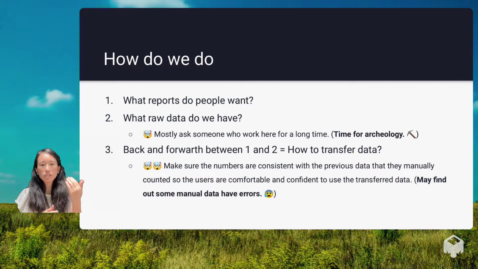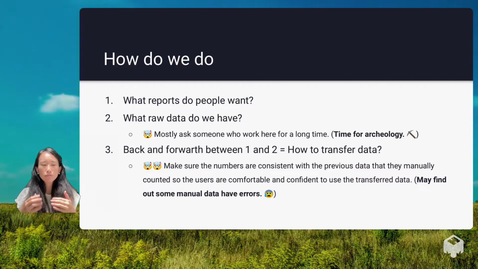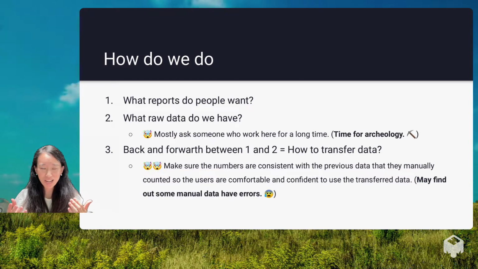First, of course, we still need to understand what kind of report people want, what the results are. And then we need to understand, do we have the materials to present this result? What's the raw data? And here come the first difficulties: when we are looking for the raw data, most of the time, it's time for archaeology.